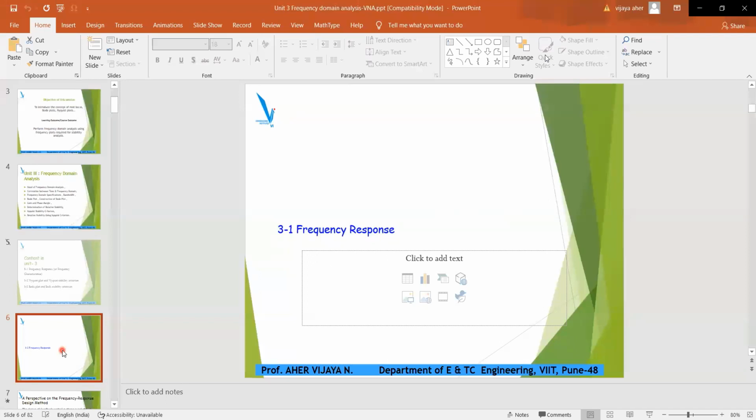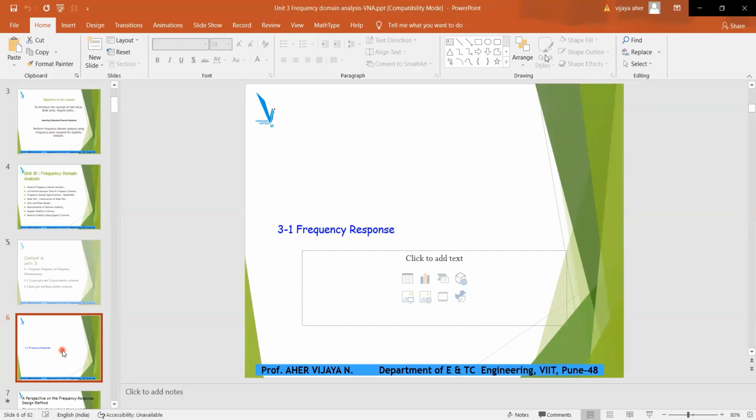Frequency response is the output you get when the input applied is a sinusoidal signal. You applied a sinusoidal input to your amplifier circuit and plotted the frequency response. This is the meaning of frequency response: you get an output when you apply a sinusoidal input.